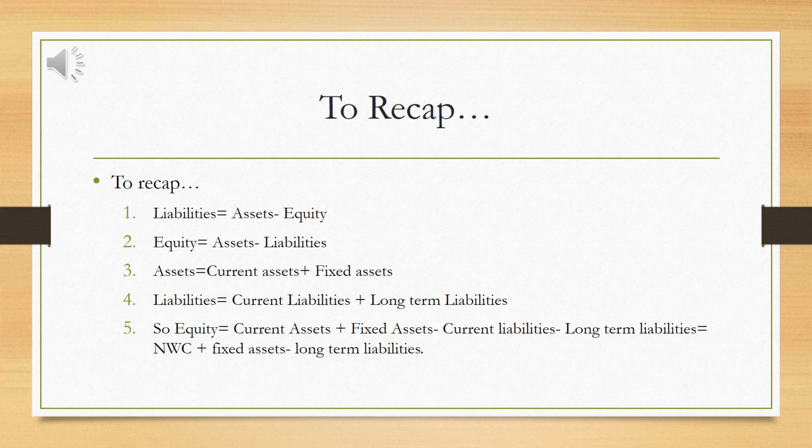So equity equals current assets plus fixed assets minus current liabilities minus long-term liabilities. But we know that net working capital equals current assets minus current liabilities. Thus, equity equals current assets plus fixed assets minus current liabilities minus long-term liabilities, which is equal to net working capital plus fixed assets minus long-term liabilities.